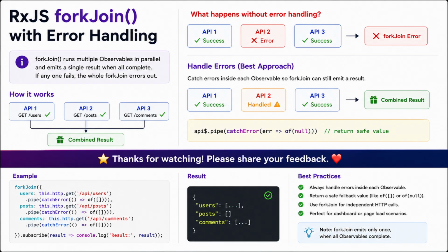Are you sure about this? All APIs will not fail, this will not execute. If I do error handling for each, then what will happen? Yeah, then it will execute, and whatever errors we have handled will come as a response.